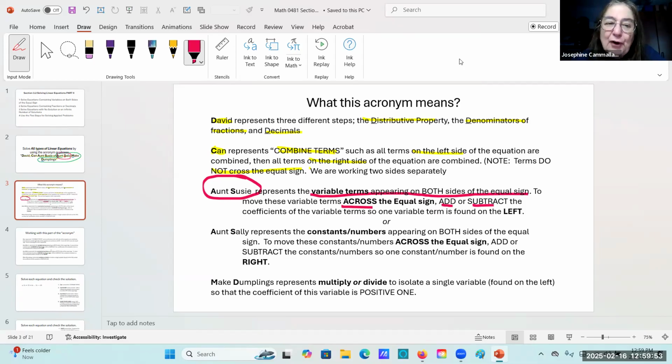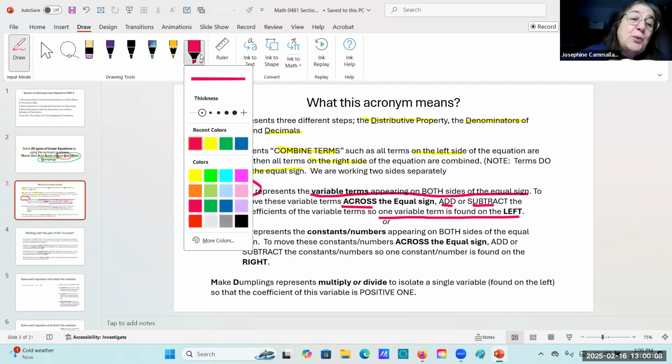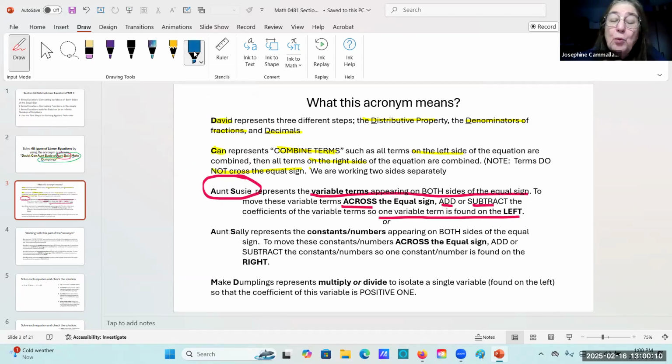Now, I prefer, and you're going to find that I always do it, that you want one variable term on the left of the equation. Then we're going to go to where we were working. We're building on what we learned. This is Aunt Sally. This is going to deal with the constants, or numbers.